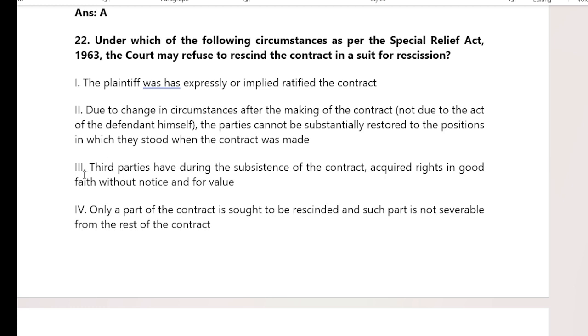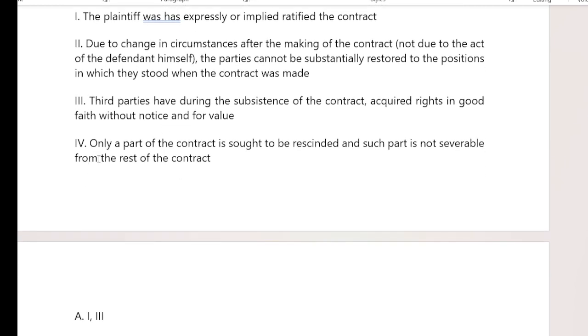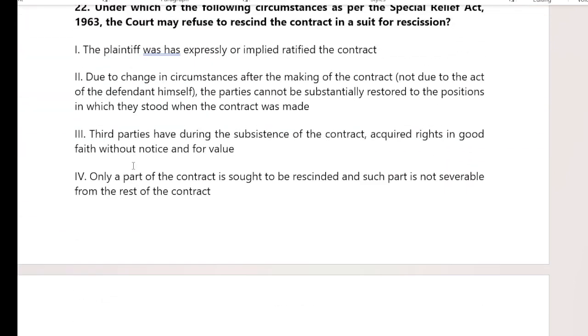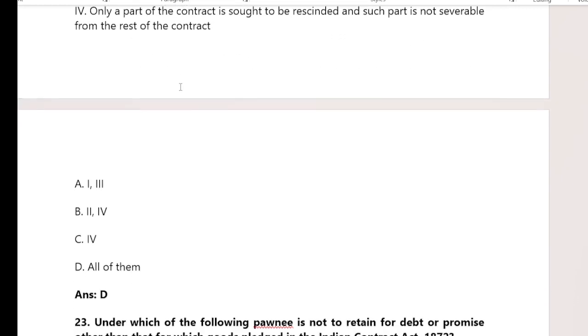And another statement is, the third party has, during the subsistence of the contract, acquired a right in good faith without notice and for value. And fourth statement, only a part of a contract is sought to be rescinded, and such part is not severable from the rest of the contract. Okay. Then the right answer is all of them, meaning all statements are correct.